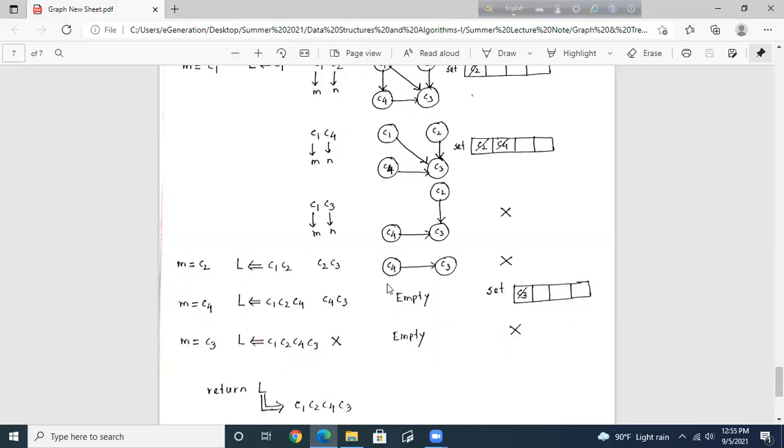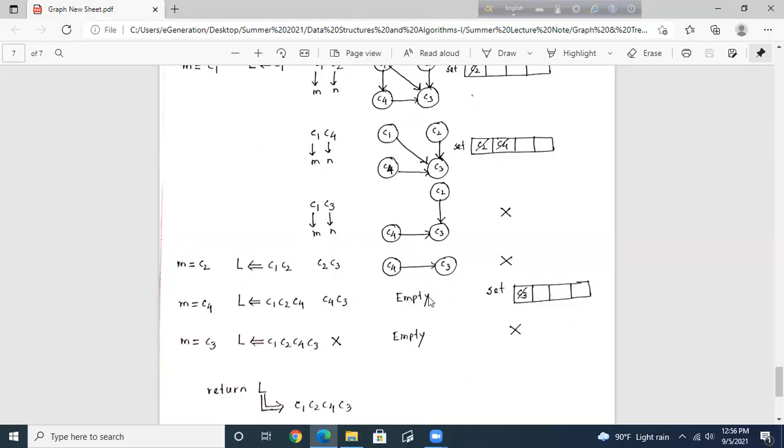Now I have a question whether I can write C3 inside the set. It is not. Why is it not? Because my M is C2, my N is C3. Since M is C2, N is C3, you have to discard C2, C3.